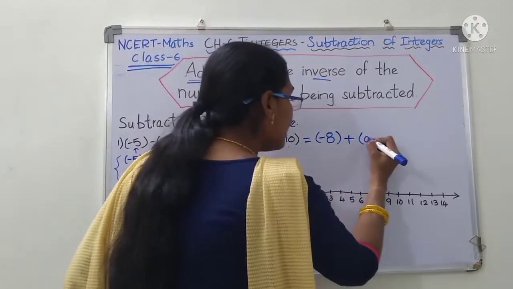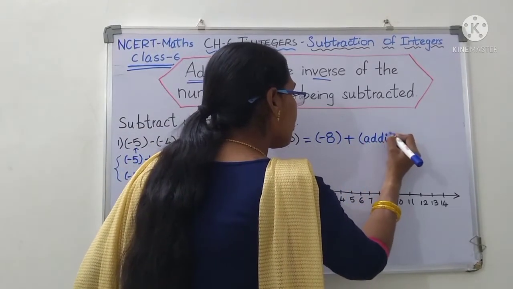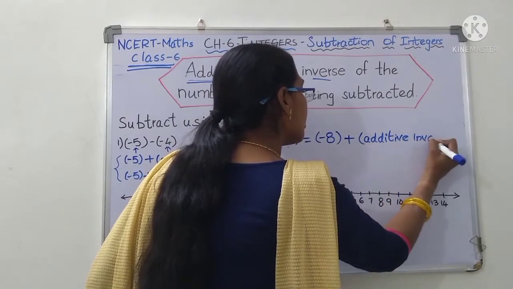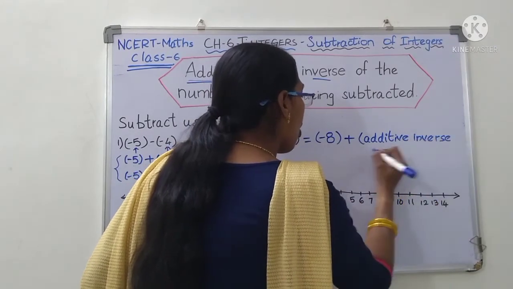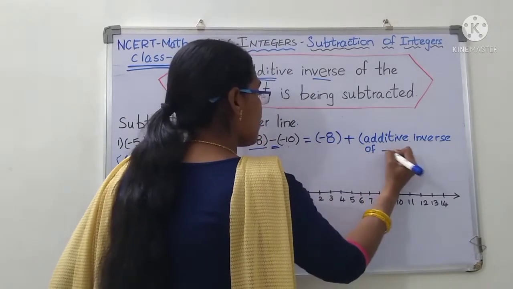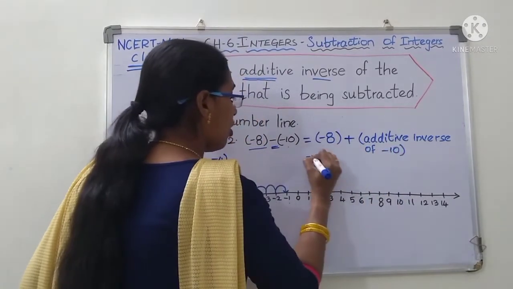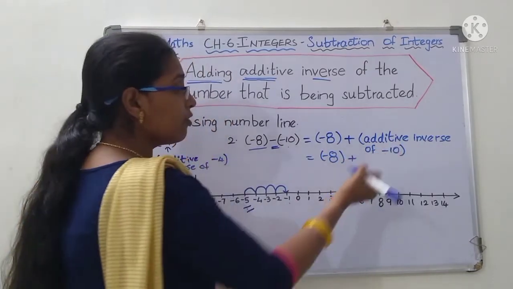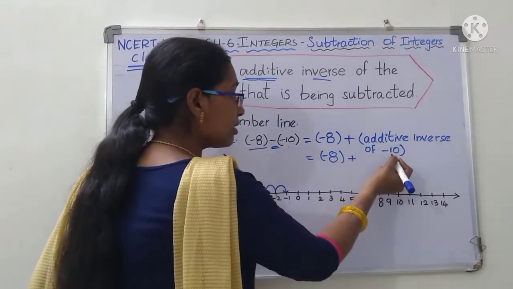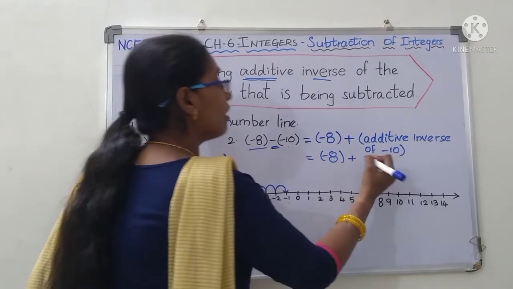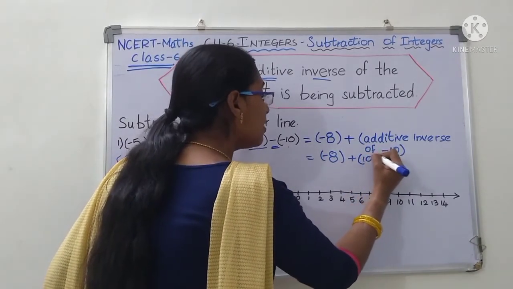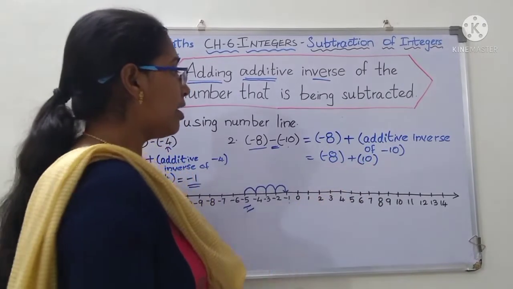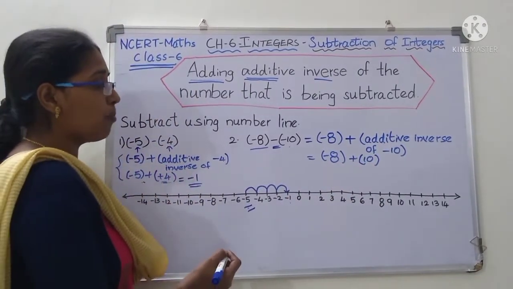Write the additive inverse of minus 10. Minus 8 plus, what is the additive inverse of minus 10? It is a negative number. Additive inverse means the symbol will get changed. So it will become plus 10. Minus 8 plus 10.